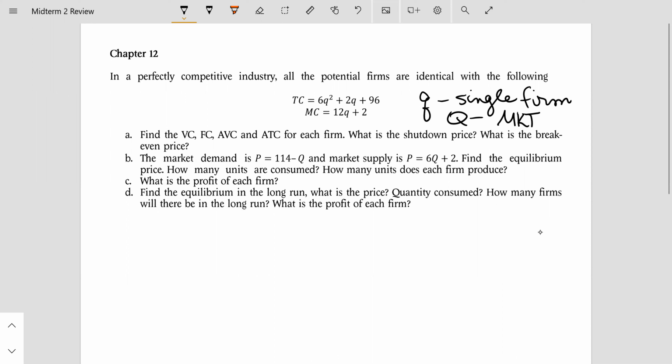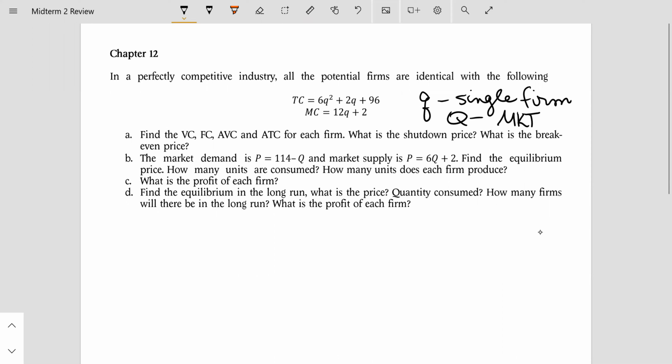Okay? So first it asks, find the variable cost, fixed cost, average variable cost, and average total cost for each firm. Then we want to determine what's the shutdown price and what's the break-even price.